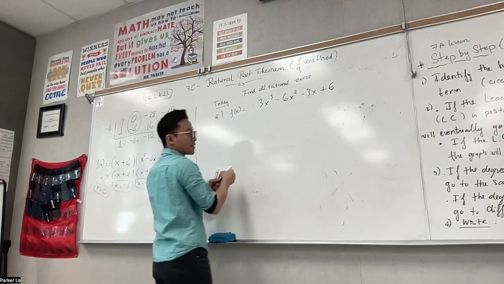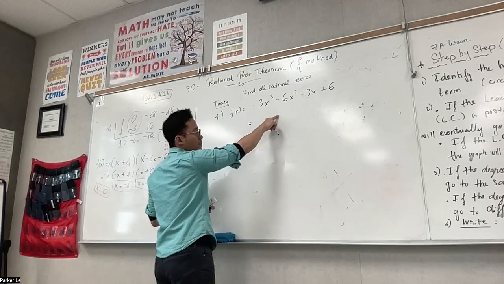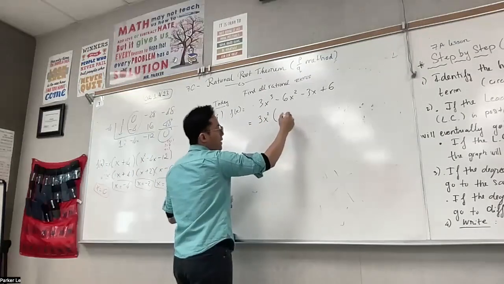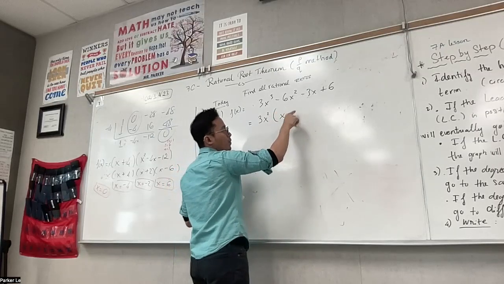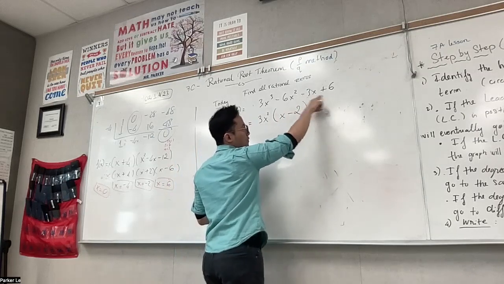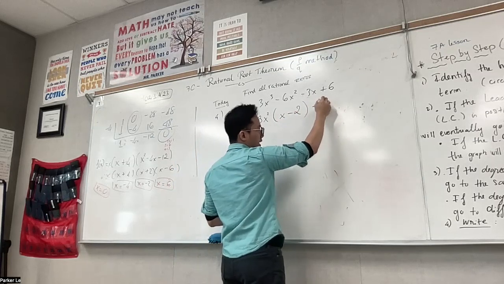Okay, let's do grouping. What is the GCF for the first two? 3x squared. What do you have left? Minus 2. What is the GCF for the last two? Negative 3. Very good.